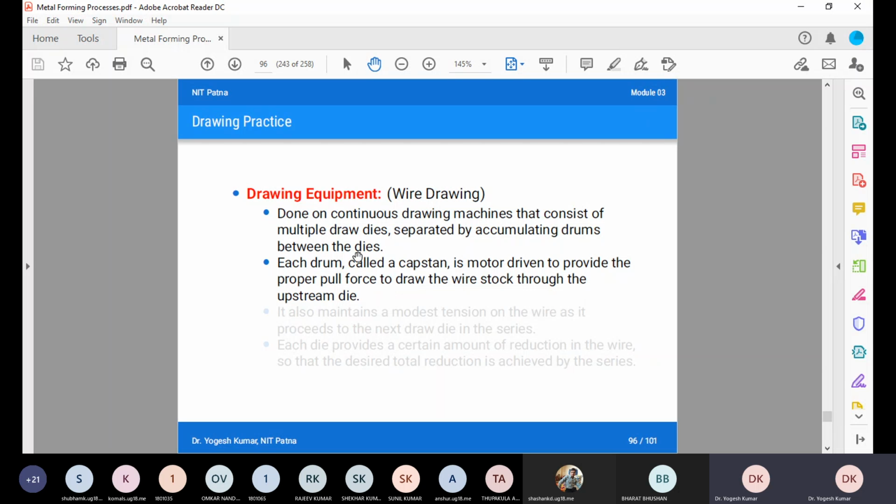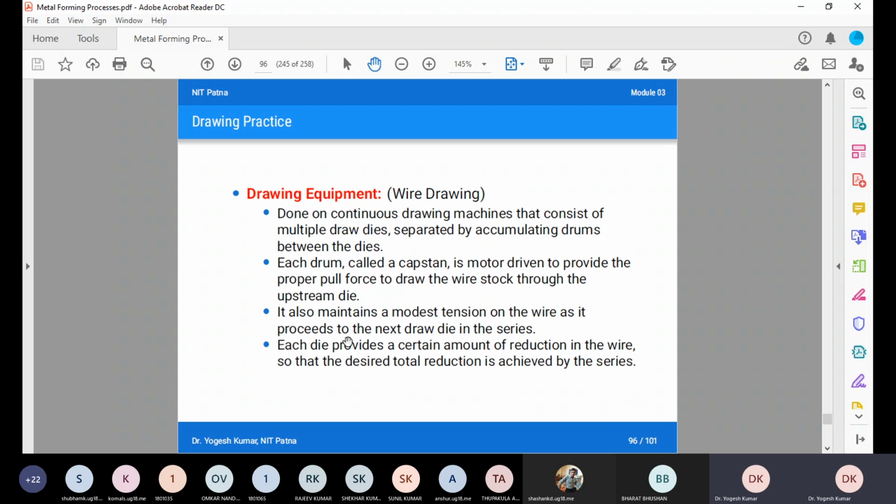So some motion is given to these drums by mechanical forces or by a motor, so that they are able to provide full force to draw the wire stock. It also maintains a modest tension on the wire as it proceeds to the next draw die in the series.